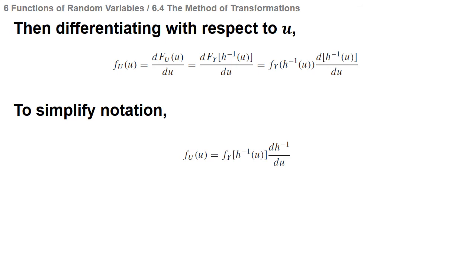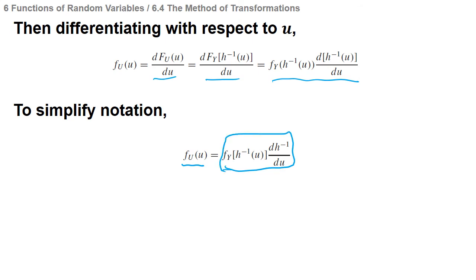Then differentiate it with respect to u to get the density function for u. To simplify the notation, to calculate f of u of small u, you can derive this formula.